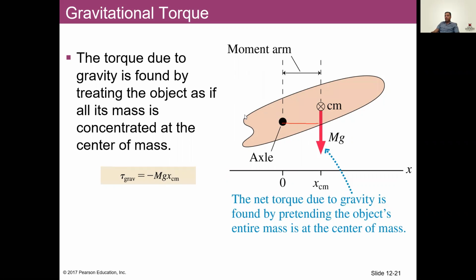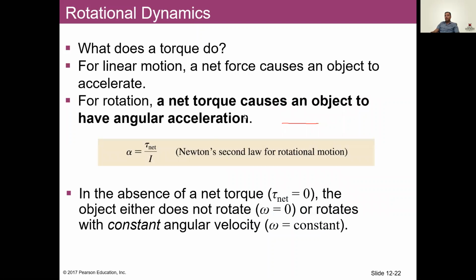Okay, moving on. Now we have the rotational dynamics, and this we have been talking about for a long time, right? Newton's second law: tau net equals I times alpha. This is just like F equals ma. m is replaced by I, a is replaced by alpha, right? So the net torque causes an object to have angular acceleration.